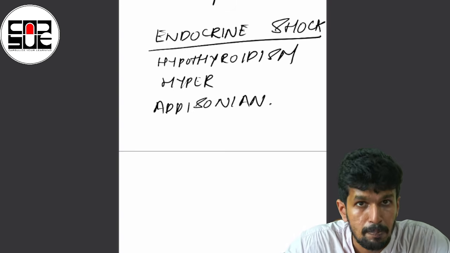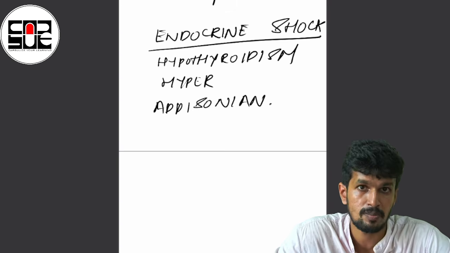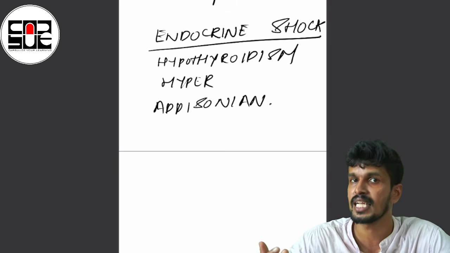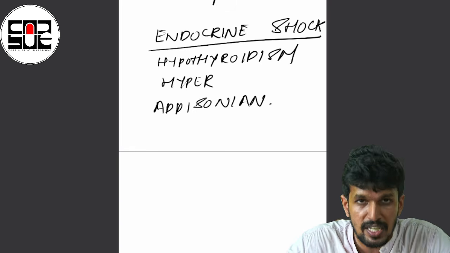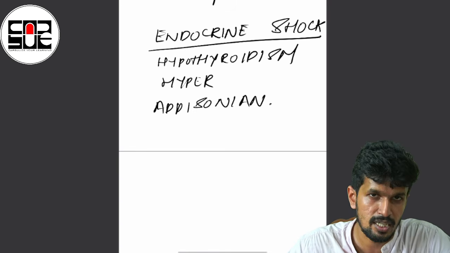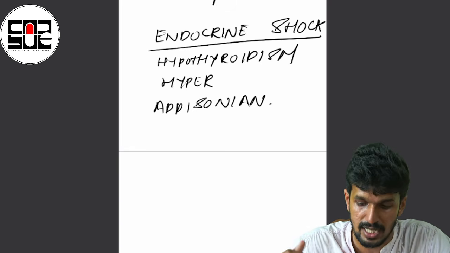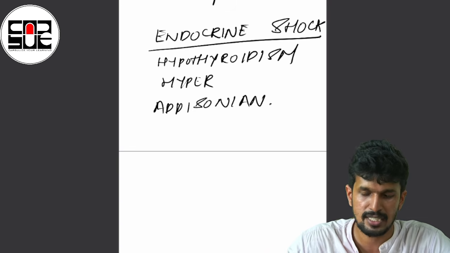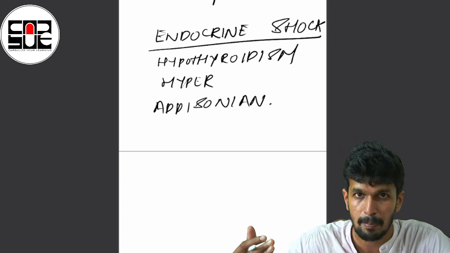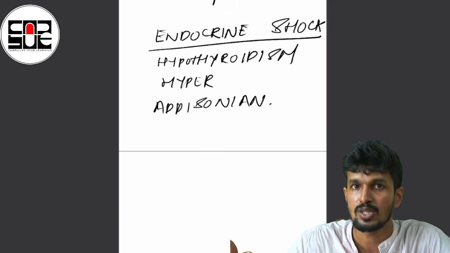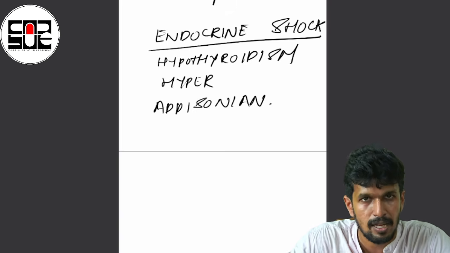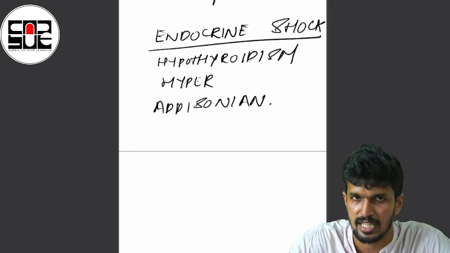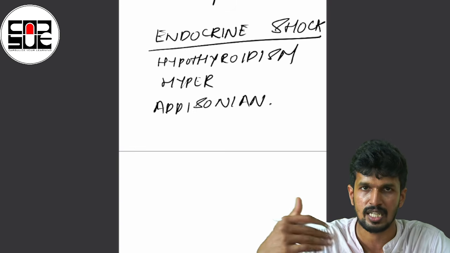Similarly, in hyperthyroidism, it is thyrotoxicosis, where tachycardia might be present. It can go into a thyrotoxic crisis. When does a patient go into thyrotoxic crisis? If a patient on medicines for hyperthyroidism is on irregular medications and develops an etiology like a fever or an infection, which can predispose to thyrotoxic crisis.